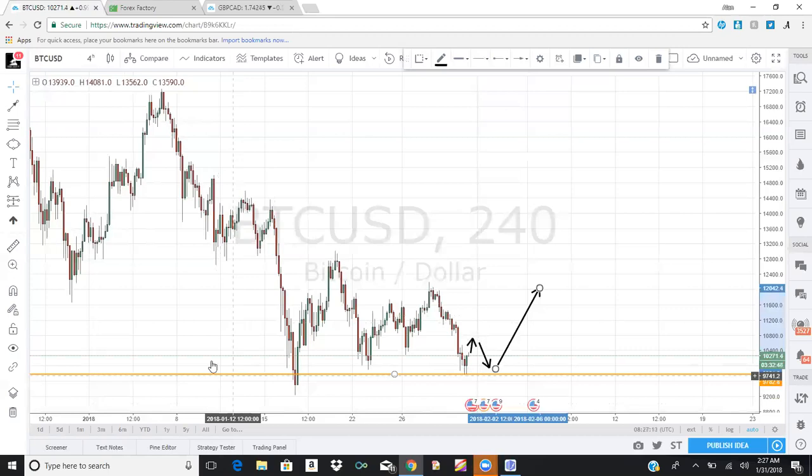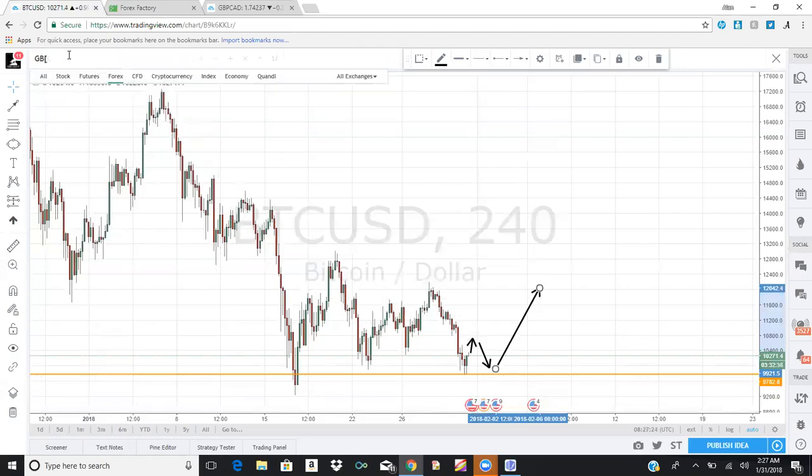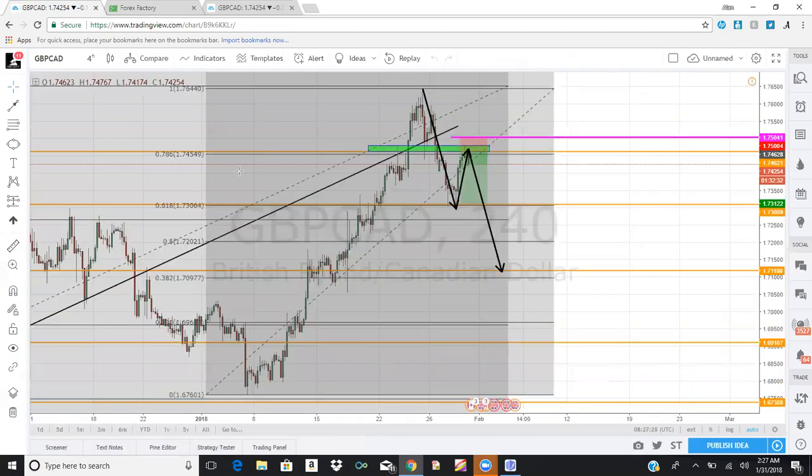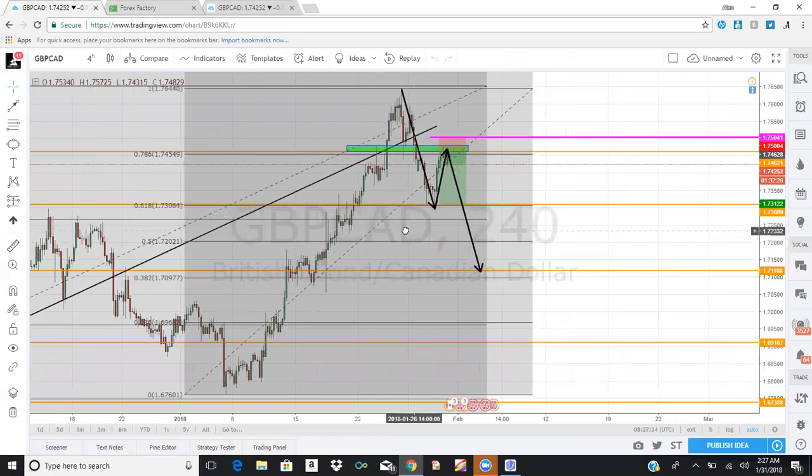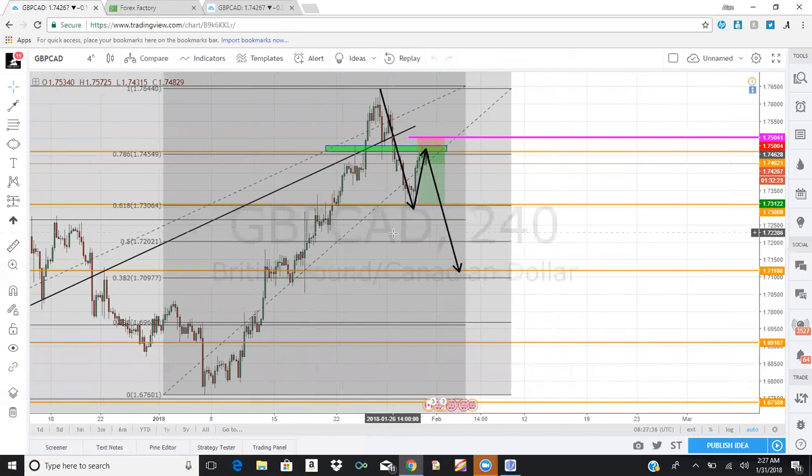It was before that one. It might have been GBP CAD then. Yeah, GBP CAD. What was your question? I was wondering because I took screenshots and I just want to know which one we did first.